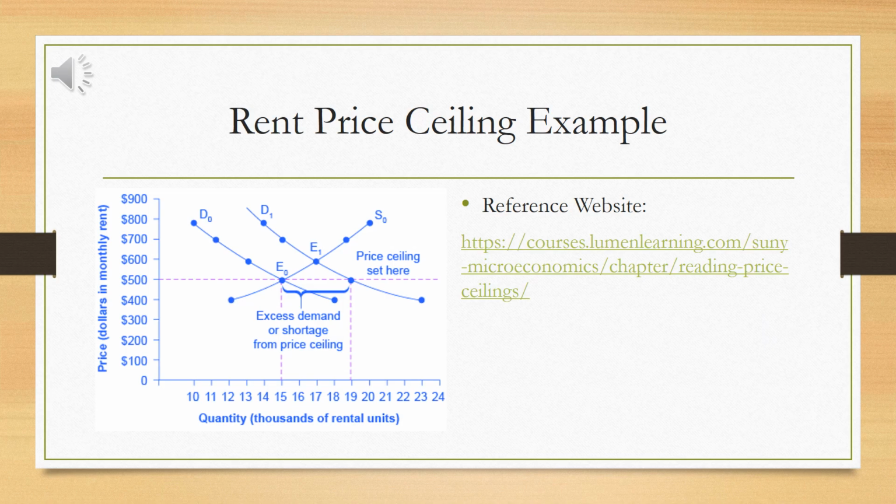We can see from the following graph that the demand curve is D0 and the supply curve is S0. We can also see that the demand shifted from D0 to D1, while the supply curve stayed the same. The original equilibrium was the intersection between D0 and S0, so E0, and the new equilibrium is the intersection between D1 and S0, so E1.